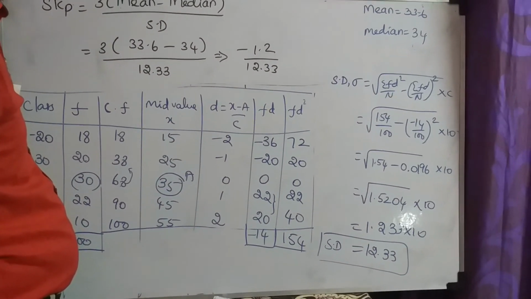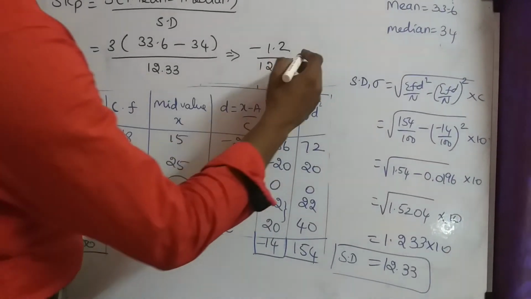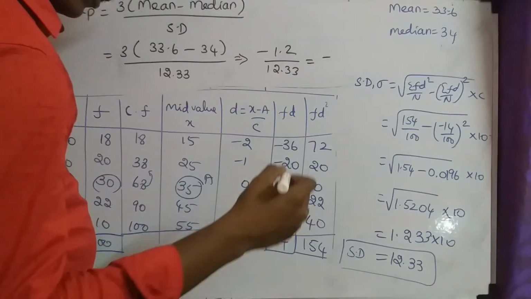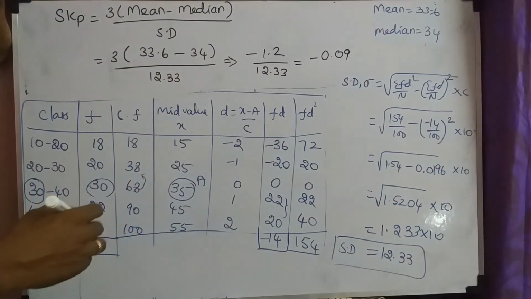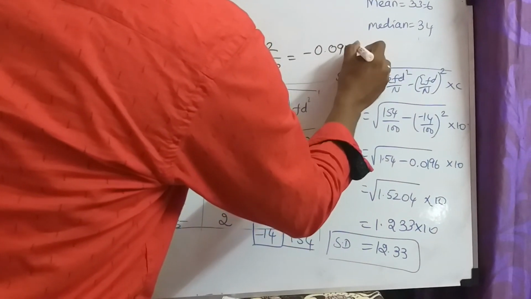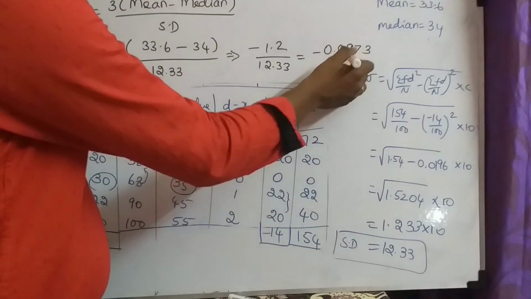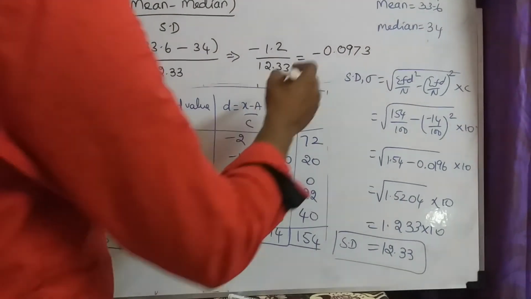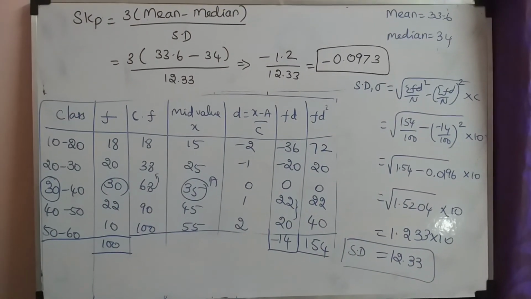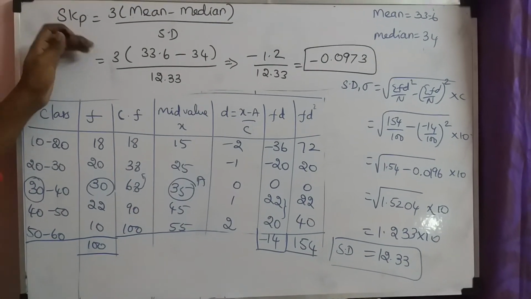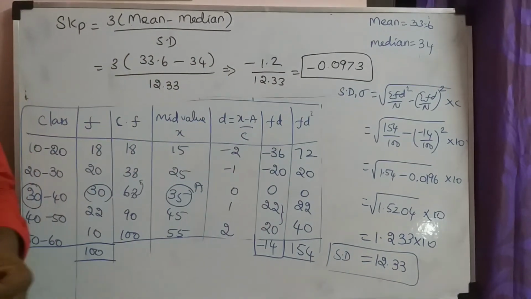The value is minus 0.0973. Two decimal places are enough, or you can write two or three decimal places. So the Karl Pearson coefficient of skewness is minus 0.0973.